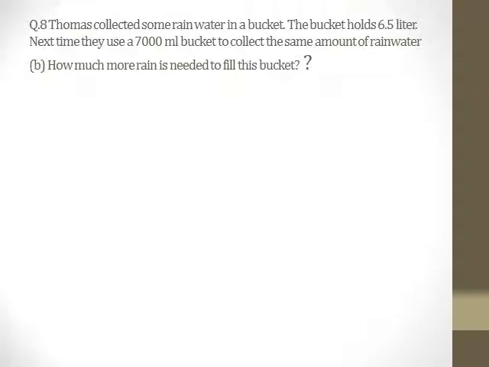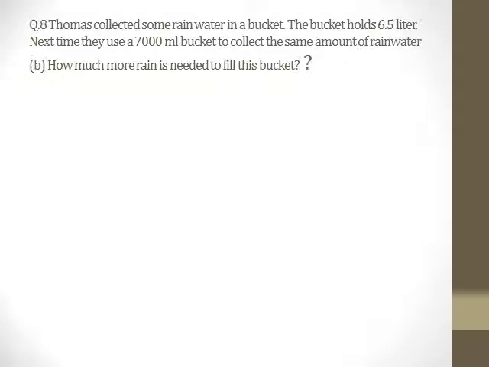For part B, they are saying next time they use a 7,000 milliliter bucket to collect the same amount of rainwater. Okay, now they're using the 7,000 milliliter bucket, right? And they want to collect the same amount of rainwater. In the last part they collected how much water? 6.5 liters. They want to collect the same water, and they are asking how much more rain is needed to fill this bucket.